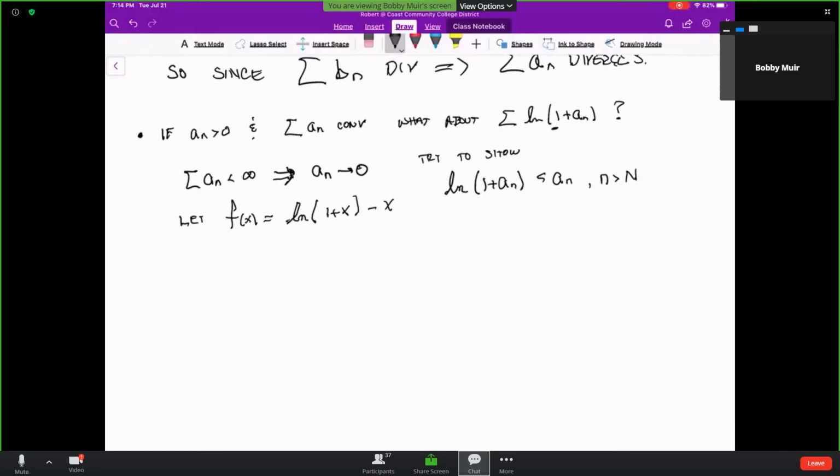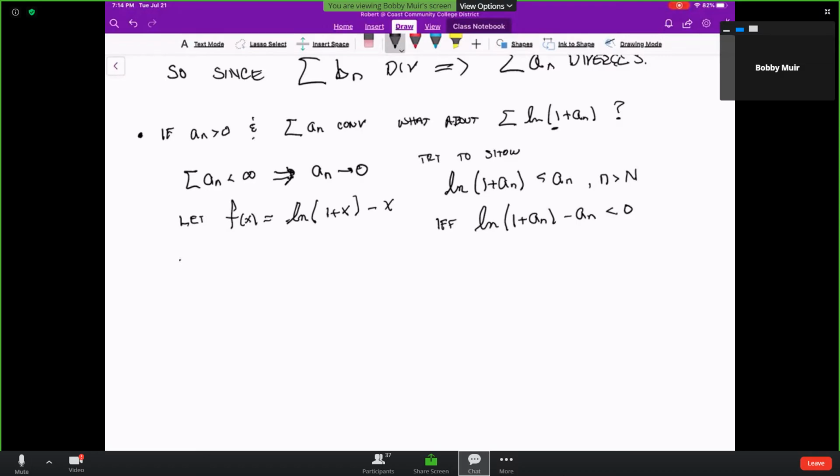Okay, so this would be equivalent to showing the natural log of 1 plus a sub n minus a sub n is negative. That's why I created this function. So let's see, what's going on with this function?